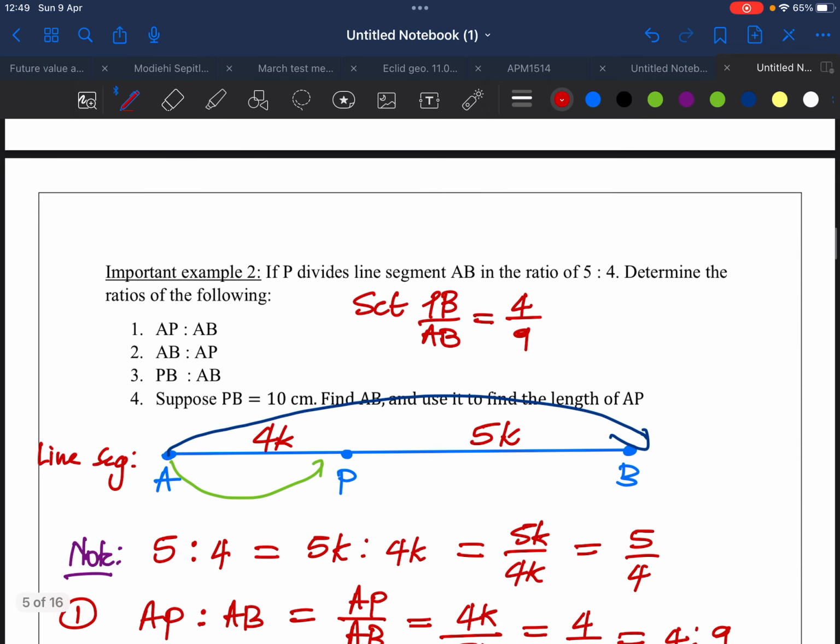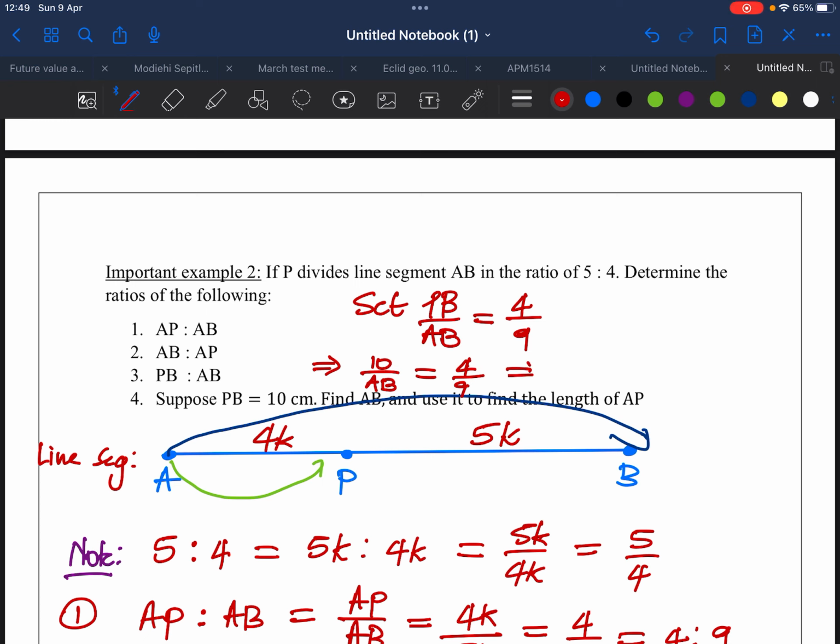So now it is clear that PB is given as 10, but AB is unknown, and our ratio is 4 and 9. So we have 10 over AB, which is equivalent to 4 over 9.